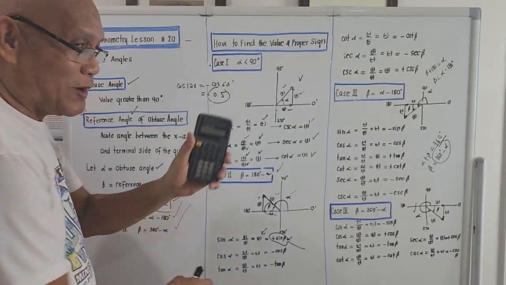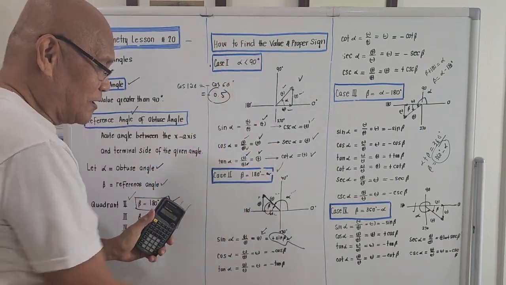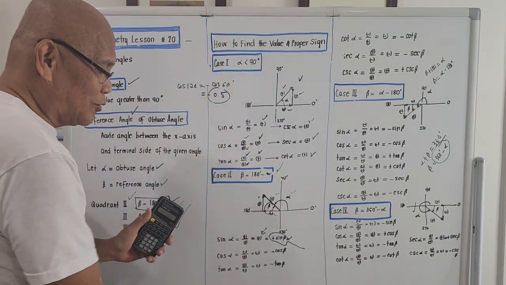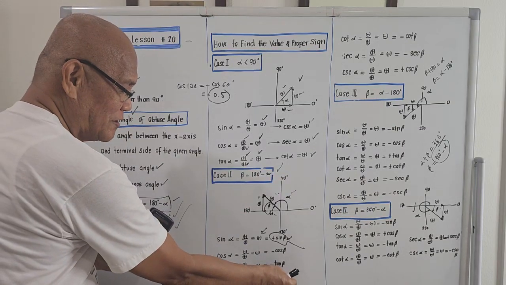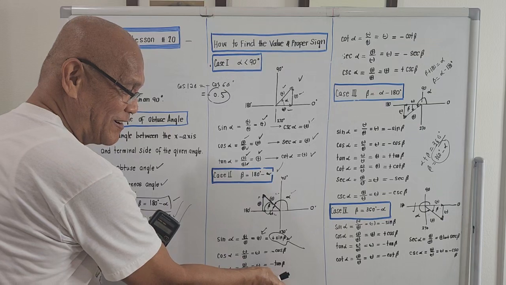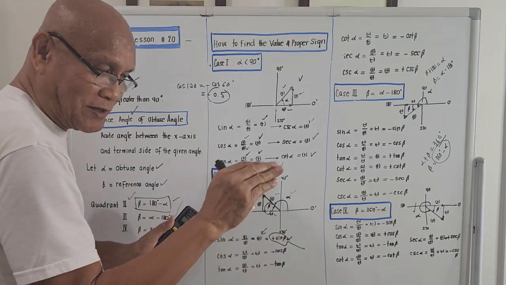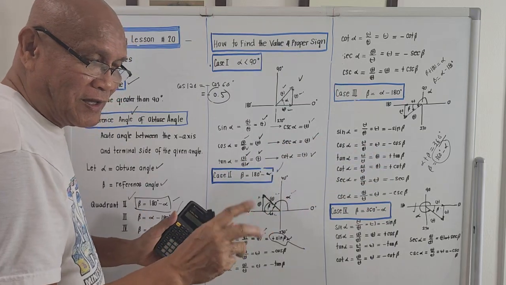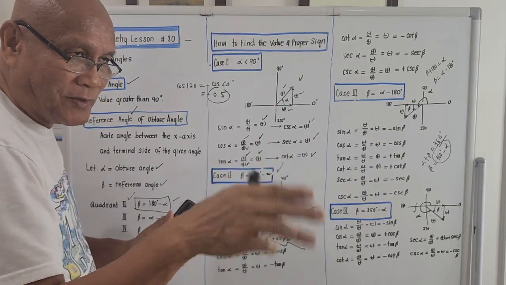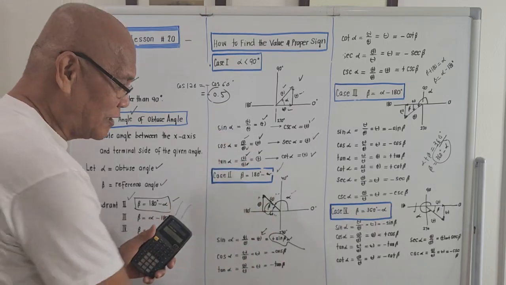It's automatic to be negative on the calculator, but on the analytical solution on the board, it will be the tangent of 60 degrees, but we place a negative sign. That is by using the table, because if we use the table, we look at the tangent of 60 degrees, and the tangent of 60 degrees is 1.732, but since the angle falls under the second quadrant, it should be negative.